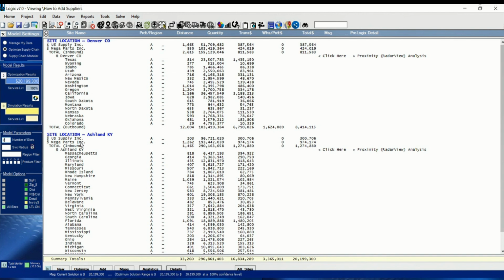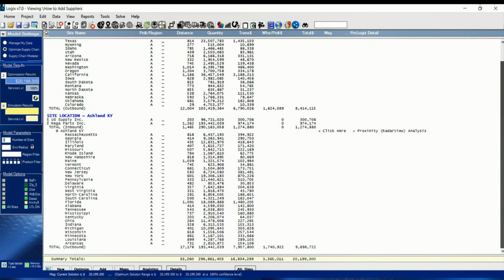Ashland, Kentucky, again using the same ratios, Megaparts will be represented at 100% of our outbound flow, and US Supply, again calculated automatically by Logix, will be represented by 50% of the outbound flows. This is very typical for a Logix problem using prescribed inbound percentages or source percentages.